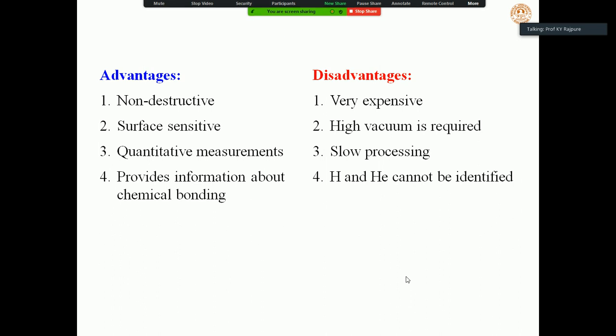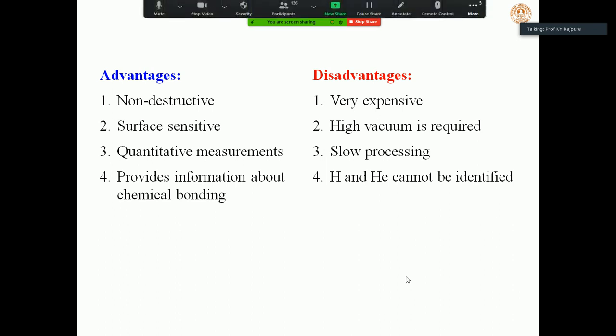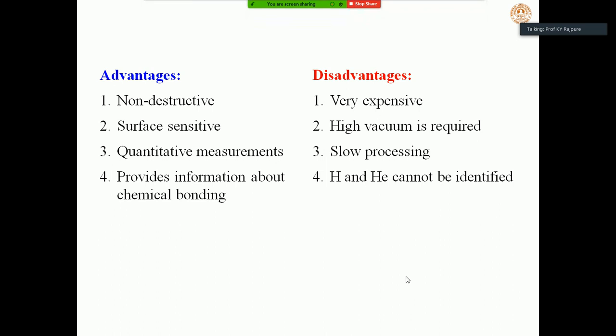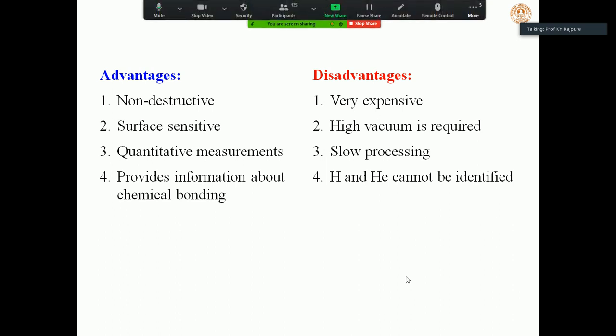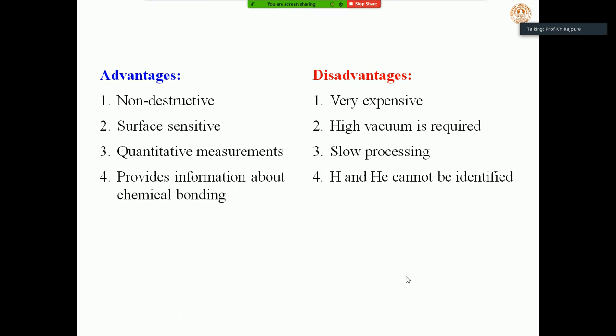You must be proud to know that 60% of the speakers of this short-term training program are from Shivaji University Kolhapur and are products of this department. So the research work being carried out at Shivaji University is getting enormous citations due to such characterization facilities.